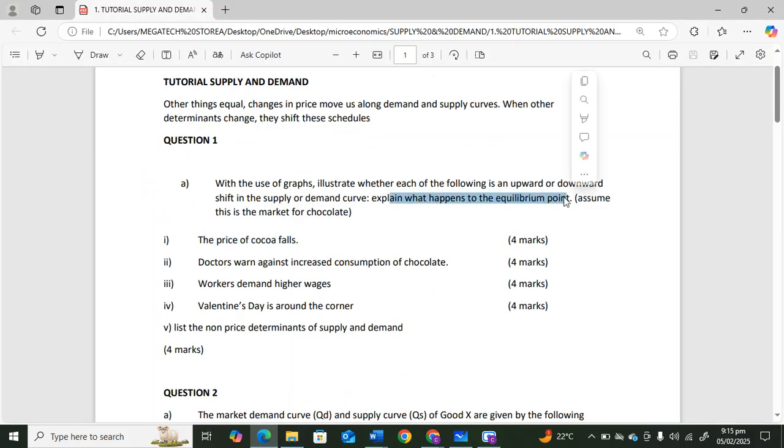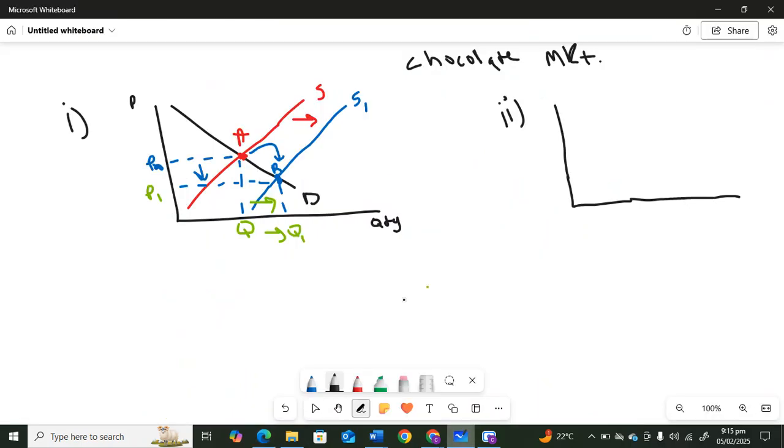Here, you just say it has moved from point A to point B, basically from the old intersection to the new intersection. So please don't put law of demand in there, okay? Not the demand curve, law of demand.